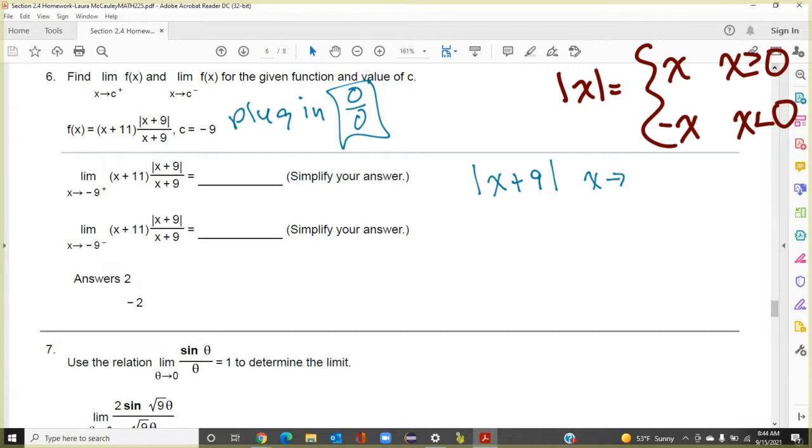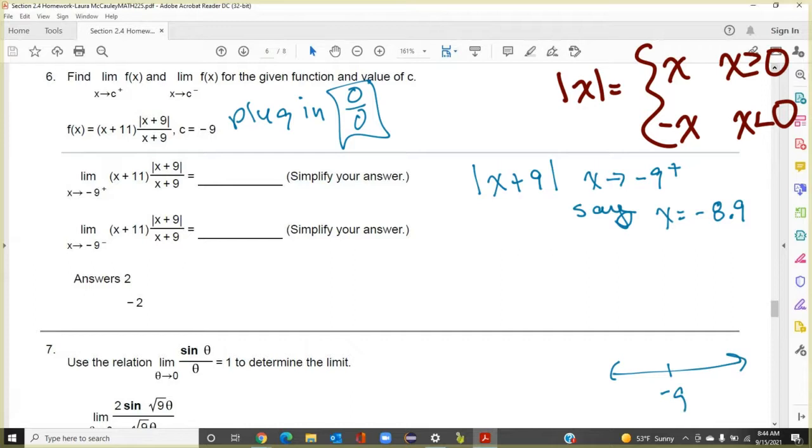When x is approaching -9 from the right-hand side, which means you're plugging in something a little bigger than -9, you could even play with it and do something like -8.9. You see, think about your number line.